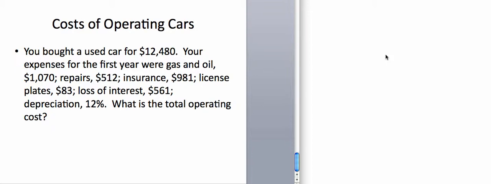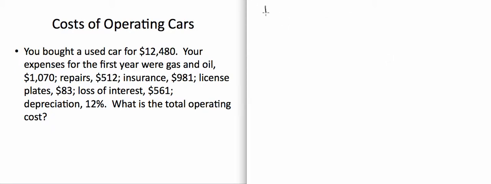So you bought a used car for $12,480. Your expenses were $1,070, $512, $981 for insurance. License plates cost you $83. Lost interest cost you $561.